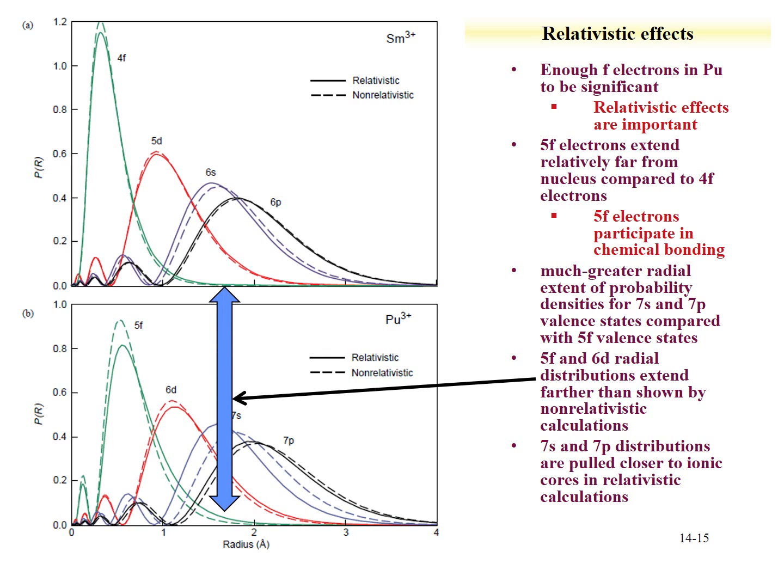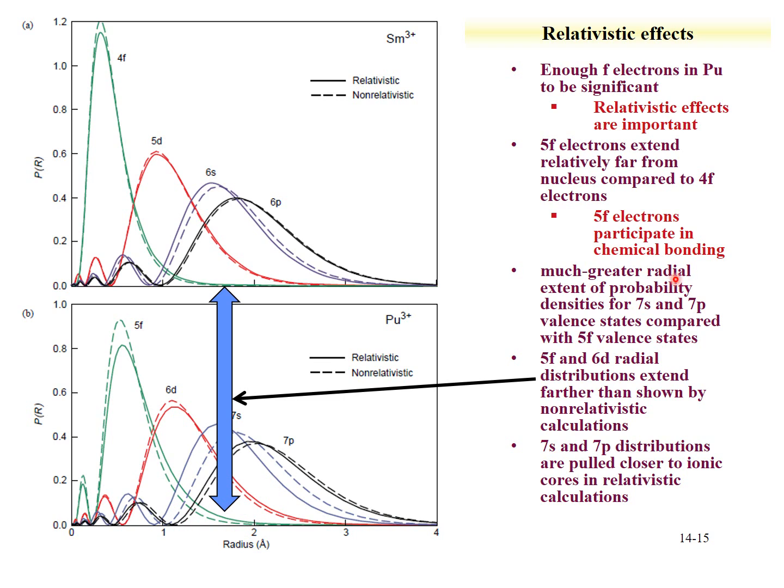So we can see this behavior here, where if we examine the 4F in trivalent samarium, the dashed line here is the non-relativistic calculation, the solid line is the relativistic calculation. We see there's a slight extension in the relativistic, but if you compare that to the isoelectronic plutonium, you see that the relativistic calculation is further extended to the point where, in an area where the distance is important for bonding, you will get F electron contribution.